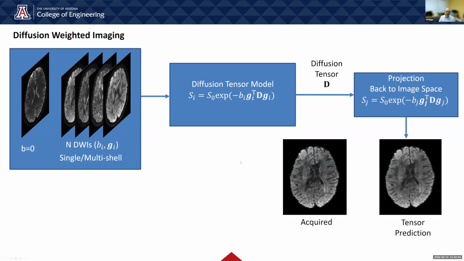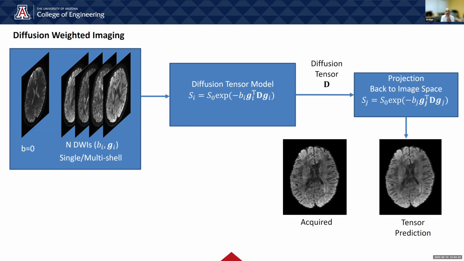Anyway, so for those of you that may not be familiar with diffusion MRI, when we do imaging, we can sensitize the signal in MRI to diffusion of water along different directions.